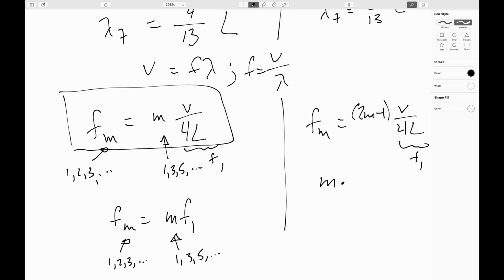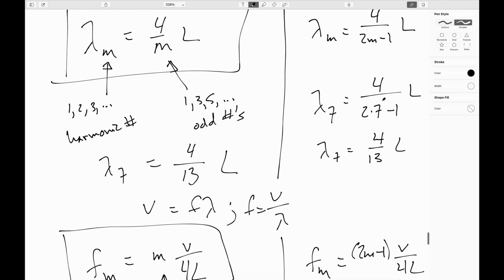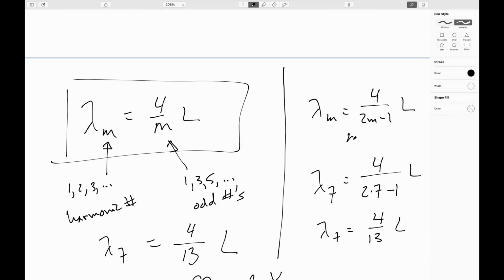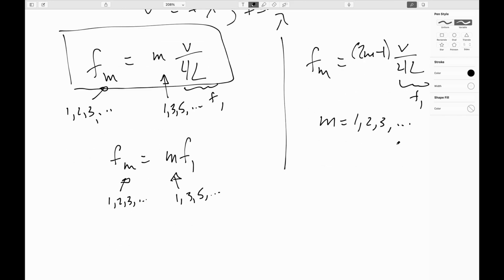And then we just plain use m equals 1, 2, and 3, and so forth on both sides of the equation, just like we did up here. So again, whichever you find more convenient. So here then we would be writing that the mth harmonic is equal to 2m minus 1 times the fundamental. Again, 2m minus 1 is just the math equation for the mth odd number.